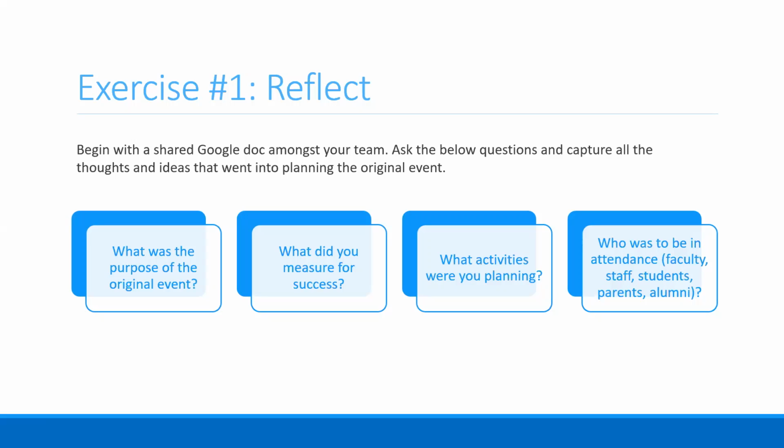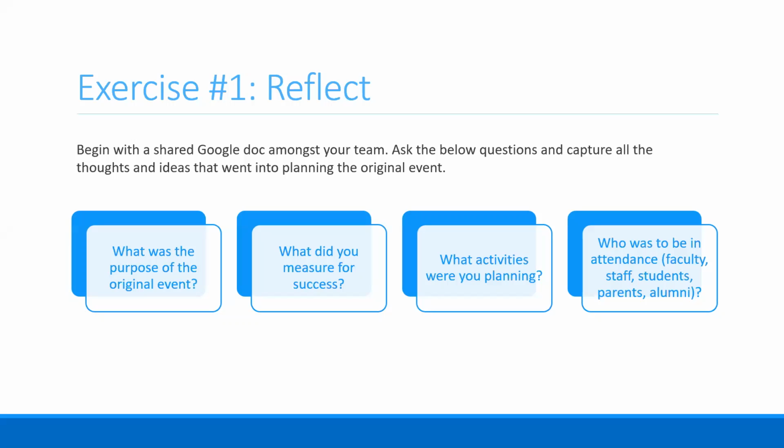However, when you're thinking through the events you originally had planned in person, you want to go into the details of what were the activities, what did you measure for success, who was going to attend. Now, you probably already know this on the top of your mind. However, it's really helpful to actually put it onto paper, onto that shared Google Doc, so the entire team can see what you all envision as the elements to that original event.